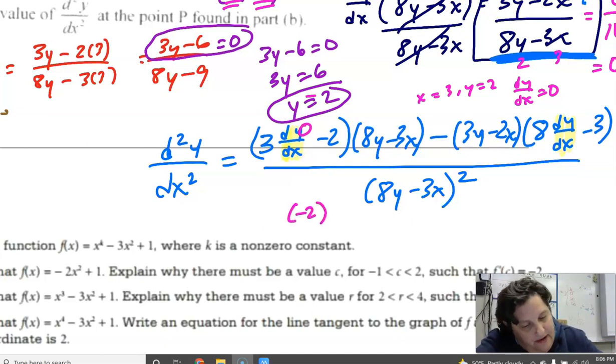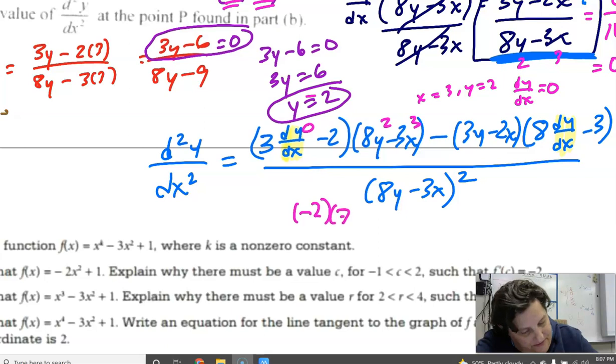And then, hold on here, what is happening? Okay. Yeah, so dy dx was 0. So 3 times 0 minus 2, that's negative 2. 8 times 2 minus 3 times 3, so that's 16 minus 9, so that's 7.